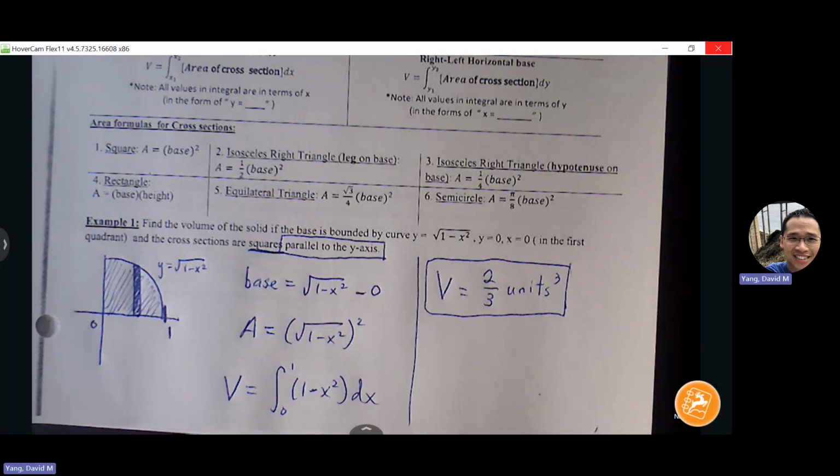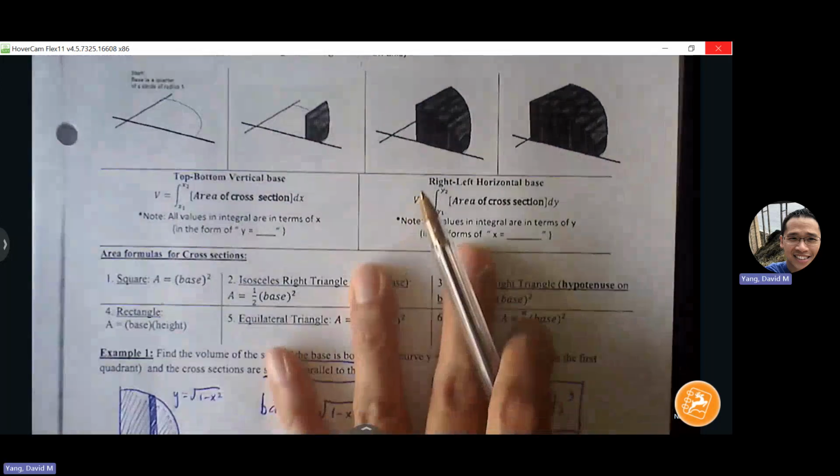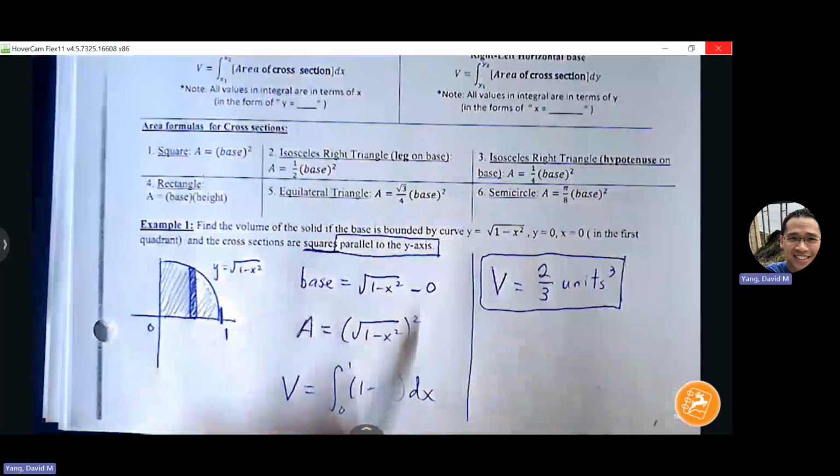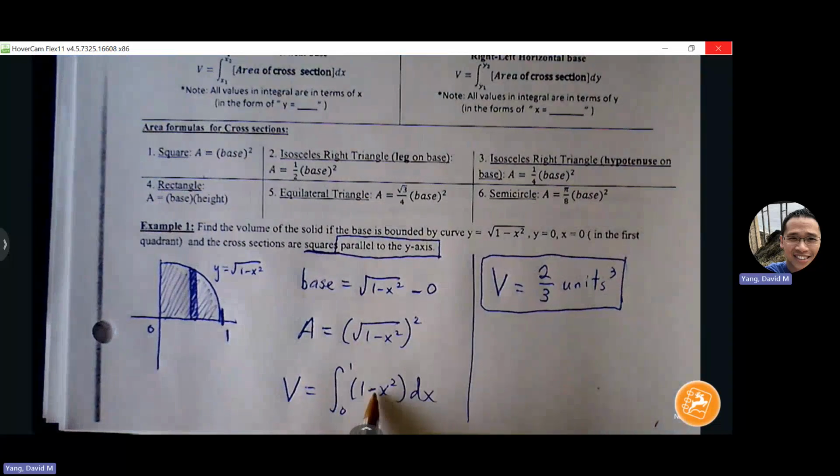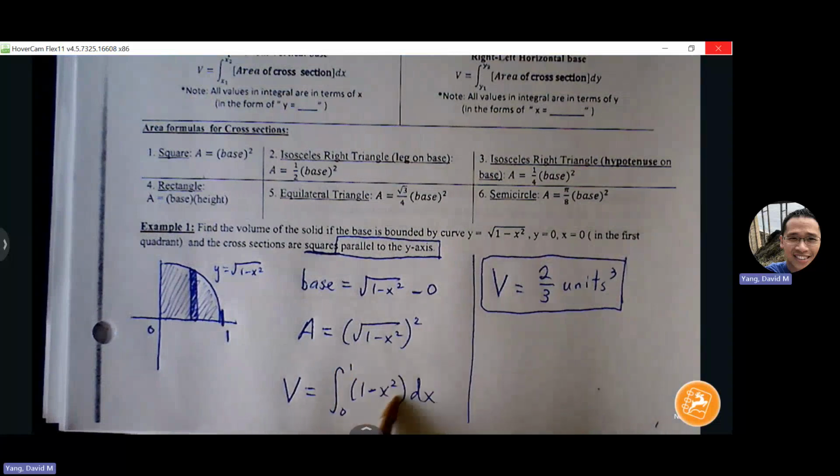You're still gathering the same information, but instead of calling it radius, you're calling it base. And then you're just plugging in a different formula. And we never have to worry about drawing the graph. We just have to worry about getting that base length, putting it into the appropriate formula, making sure our bounds and our expressions are in terms of the right variable, and the rest is calculator work.